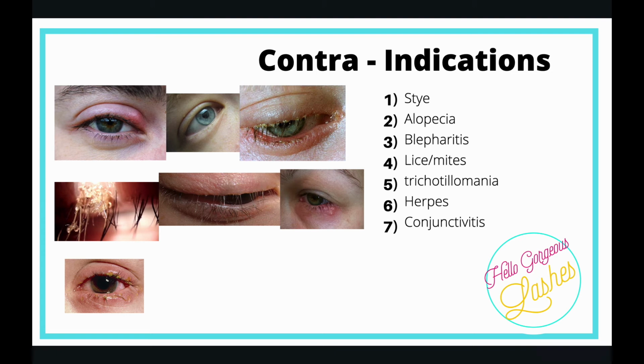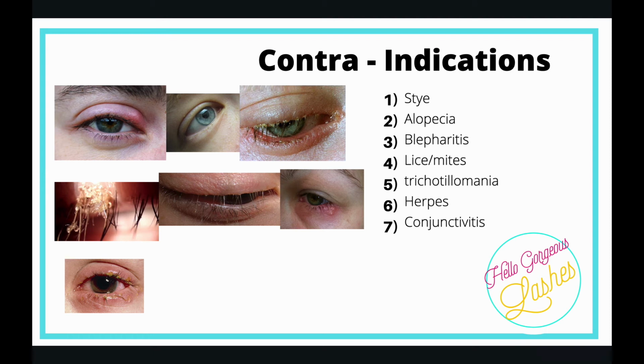Number 5 is Trichotillomania. All this is in your exam, by the way, so you might want to write this down while it's written on the screen. This is a condition whereby your clients pick out their lashes, and they can do it on their eyebrows as well. I've seen that a few times.